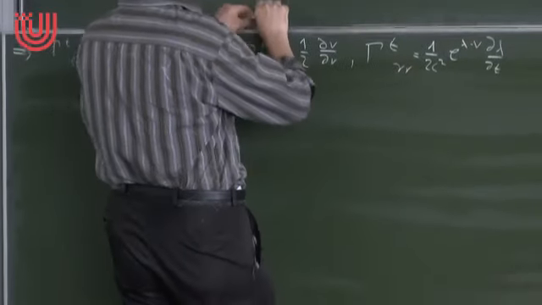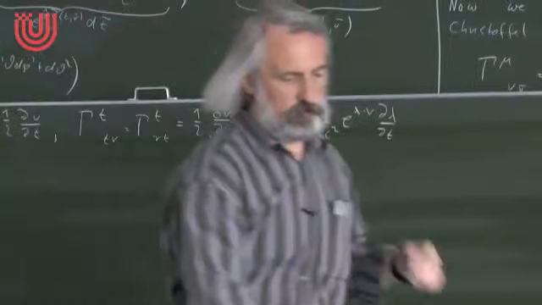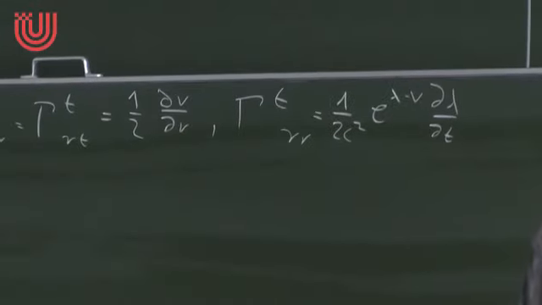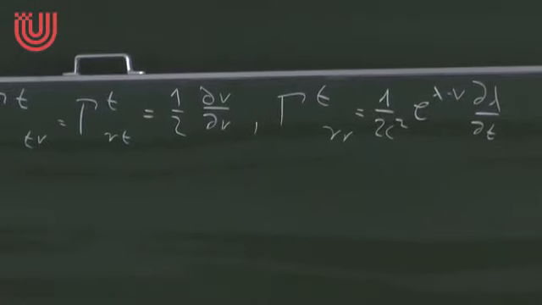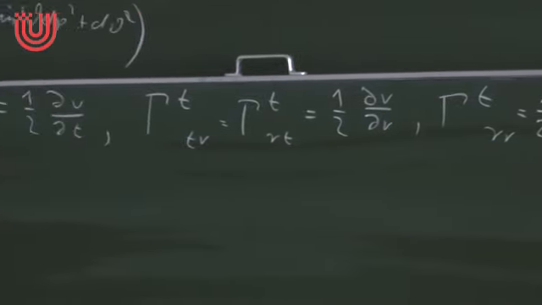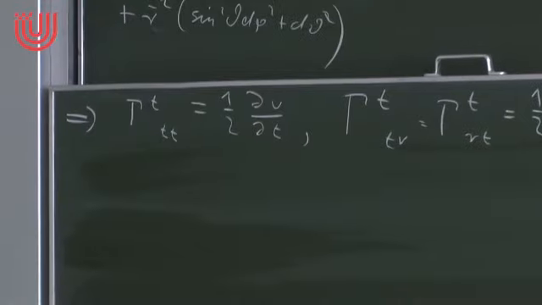And these are the Γs with an upper index t. Let me check if I got it right. Where are the Γs?